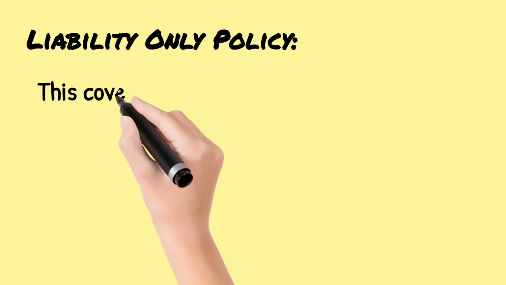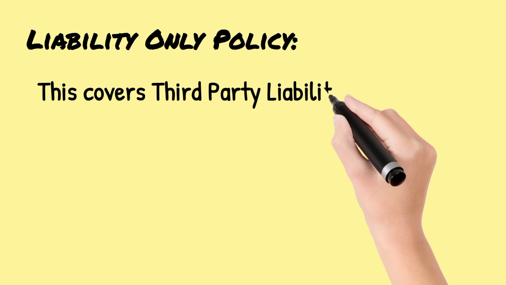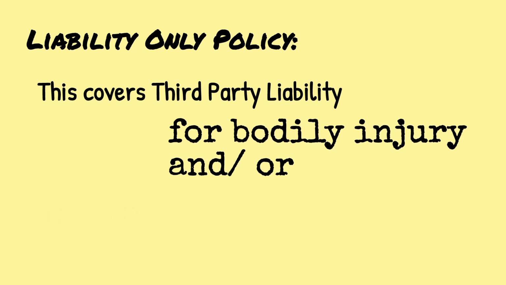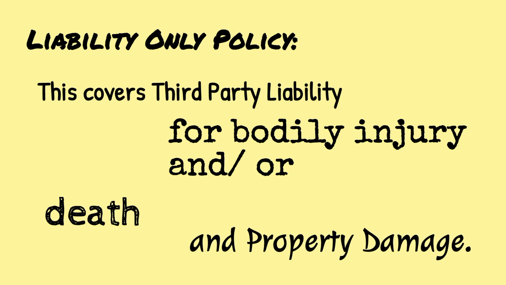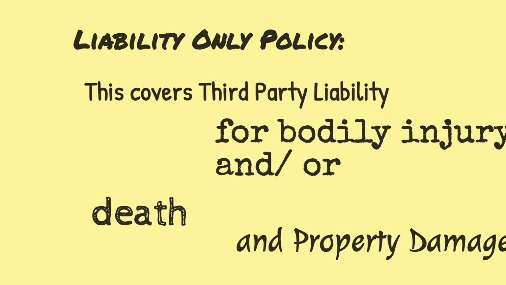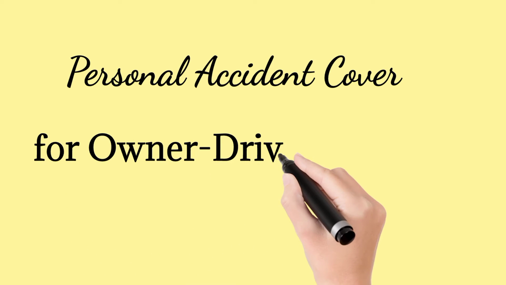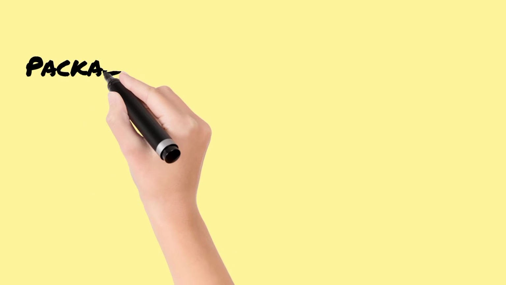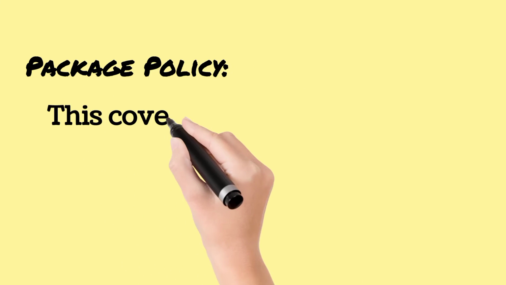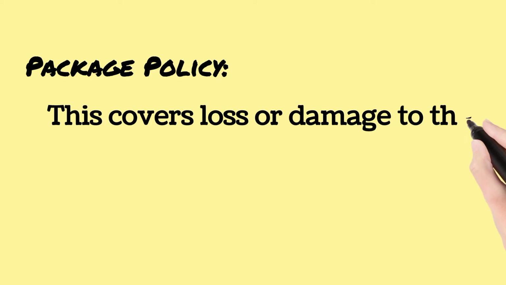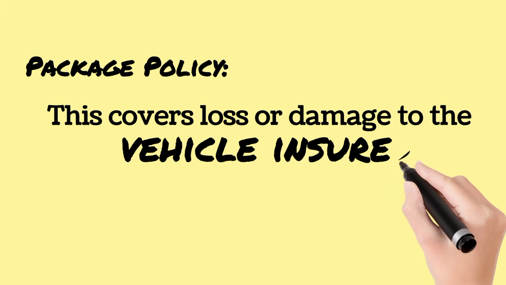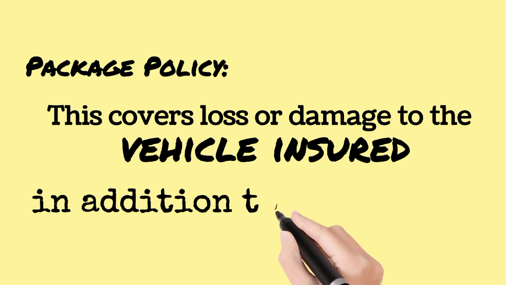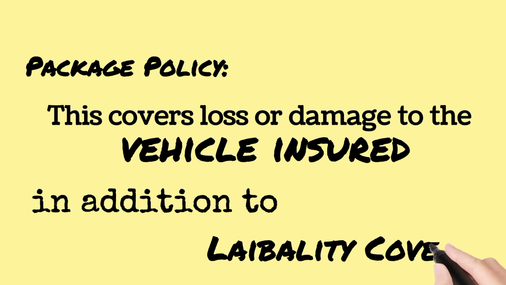Liability only policy covers third party liability for bodily injury and or death and property damage. Personal accident cover for owner driver is also included. Package policy covers loss or damage to the vehicle insured in addition to liability cover.